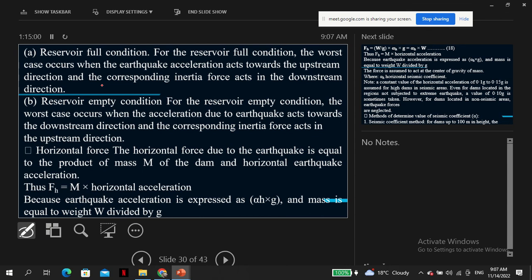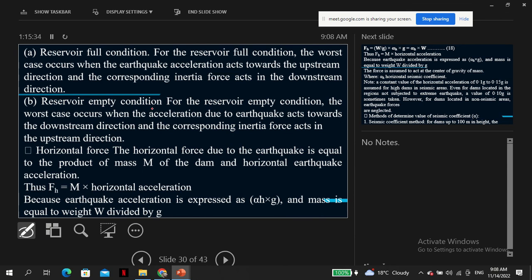If the earthquake comes from downstream going upstream, it would act against the slope and help protect the dam a little. So the worst case is when the earthquake comes from upstream to downstream.